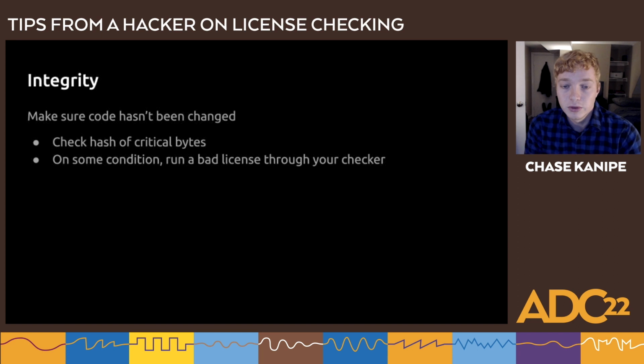And so there are simpler alternatives, like on some condition running a bad license through your license checking function. And if the bad license succeeds, then you know that probably the cracker altered this function in some way to make sure that it succeeded even with bad licenses. And you can also do simple things like check the hash of the entire binary or something like that.